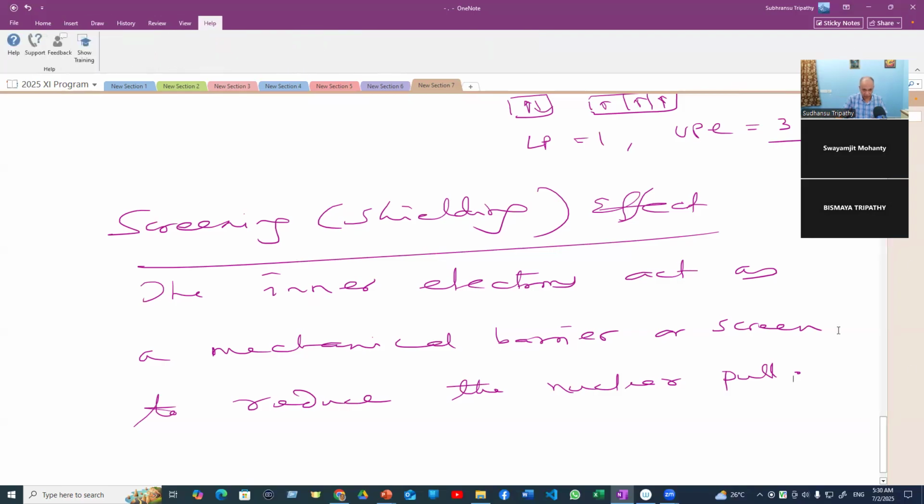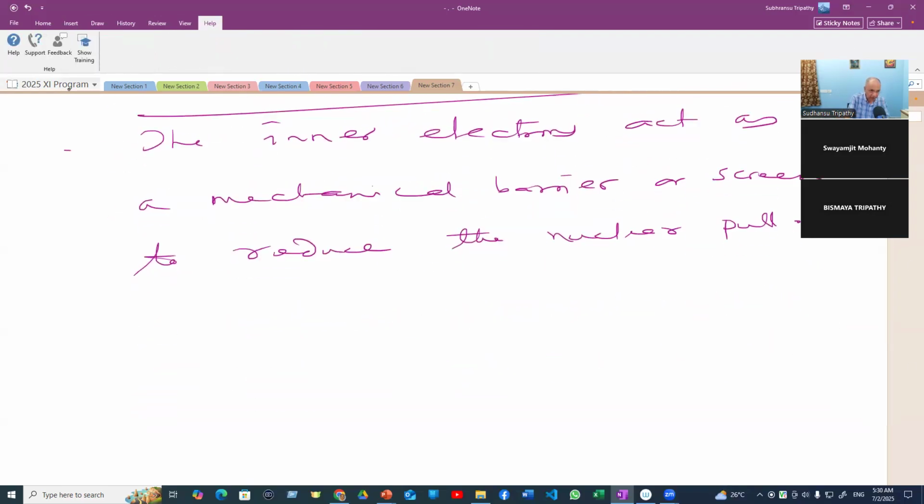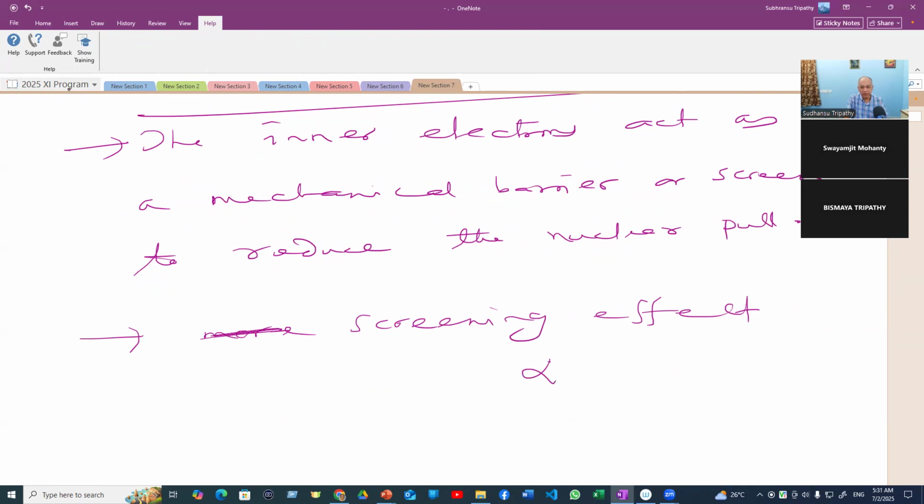So you must write down here more screening effect. How much screening effect, we won't calculate now. Screening effect is inversely proportional to the nuclear pull.